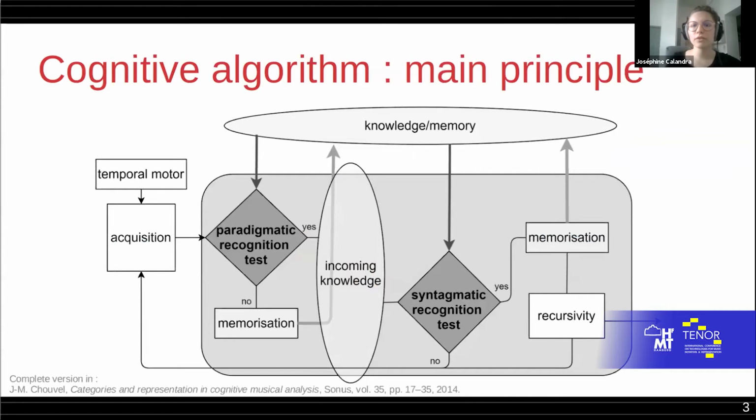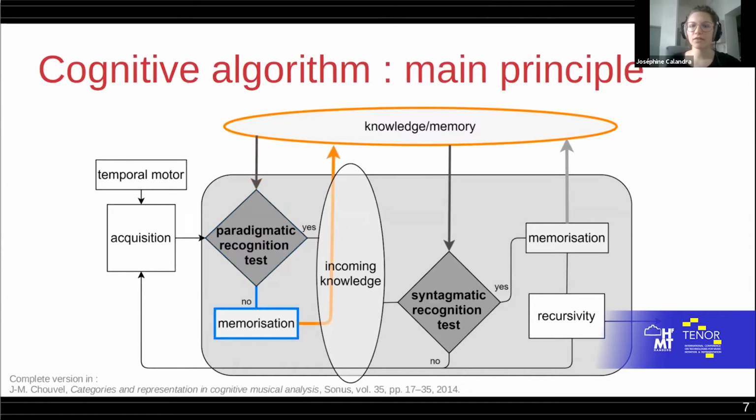So the cognitive algorithm is the following one. First, there is a temporal motor that gives a flow of information, and at an instant t, the system acquires an object that represents a piece of information, and each object is processed one by one. The algorithm first carries out a paradigmatic recognition test, which compares the object currently being listened to with previously listened objects.